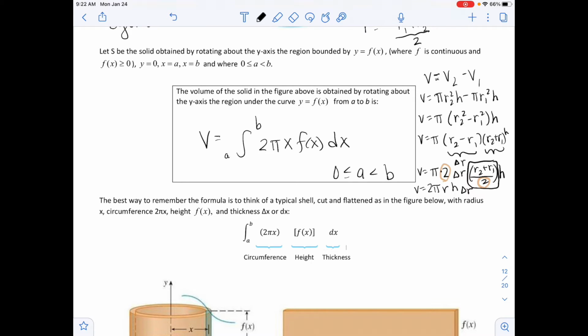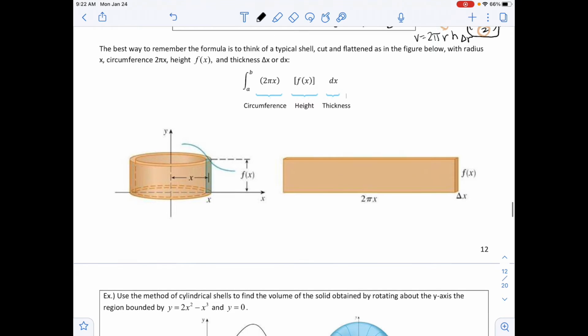So the best way to remember the formula is to think about a typical shell, cut and flatten it out. In the figure below, with the radius x and a circumference of 2 pi x, a height of f of x, and the thickness is going to be delta x or dx. Looking at the picture right below, if you had that cylindrical shell and you cut it and open that up, the length of that shell would have been 2 pi x, and that's our circumference, and x is equal to the radius here.